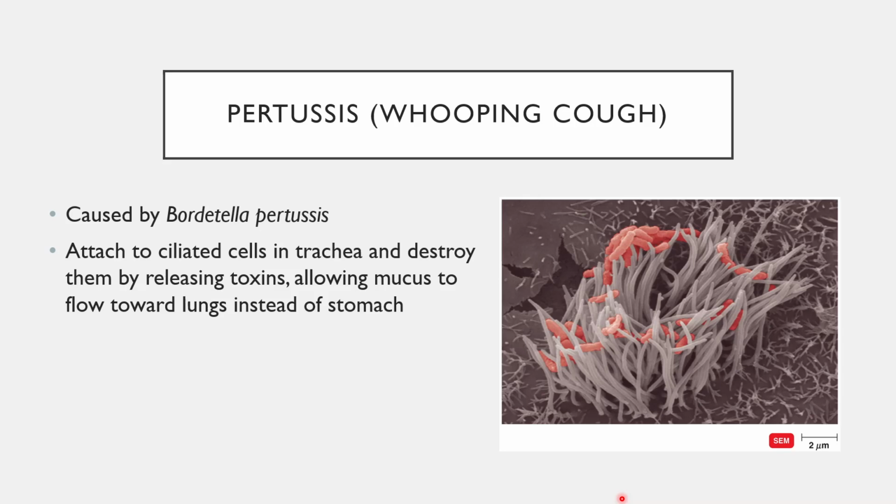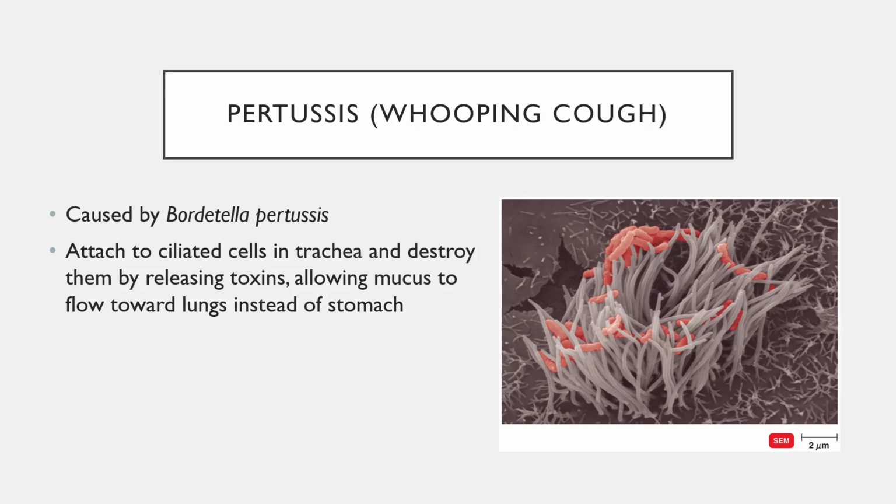Because from the perspective of your immune system, the stomach is a much better place for mucus and microbes to end up because of its very low pH gastric acid. So by destroying the cilia in the trachea, Bordetella pertussis causes the mucus ciliary escalator to stop functioning in this way and allow mucus to start flowing into your lungs instead of being directed towards the stomach.